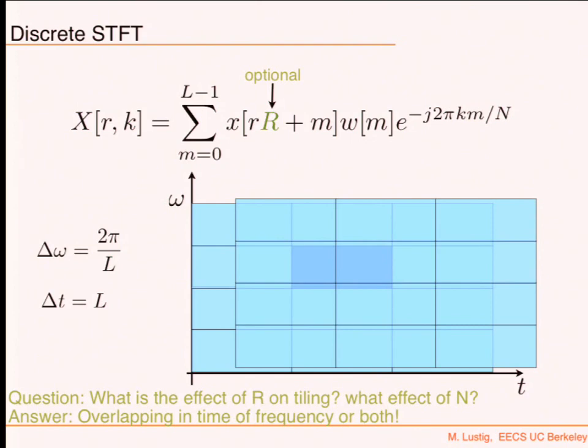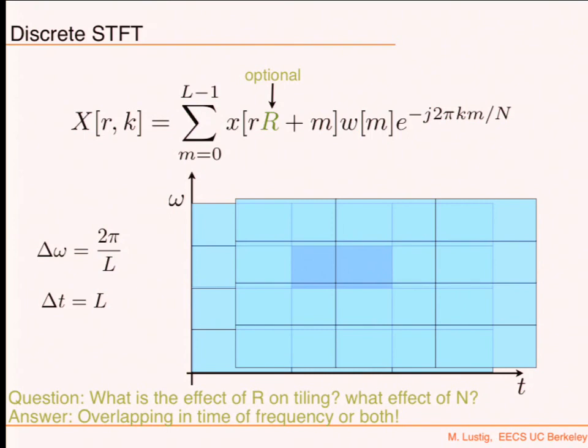Then I get overlapping in time, but the size of them is the same. It's just an interpolation, but the uncertainty is the same. So the tiling will be overlapping blocks. What if I increase n? Increasing n is zero padding. It's more overlapping in this dimension, but again, not improving.